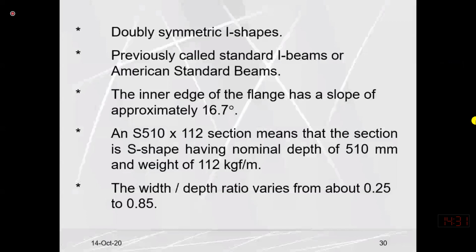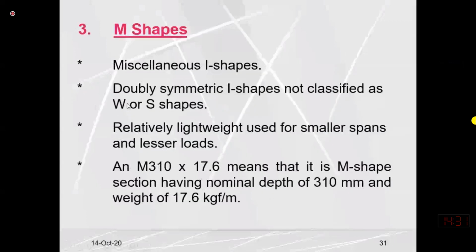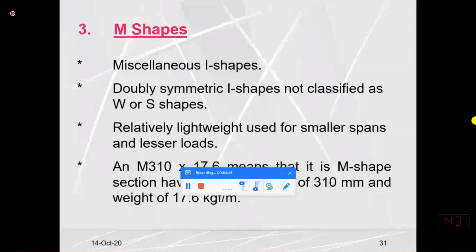Then we have the M section. Actually, what is the M section? M sections are also I sections, which are neither W section nor S section. All types of W section and S section are standard.